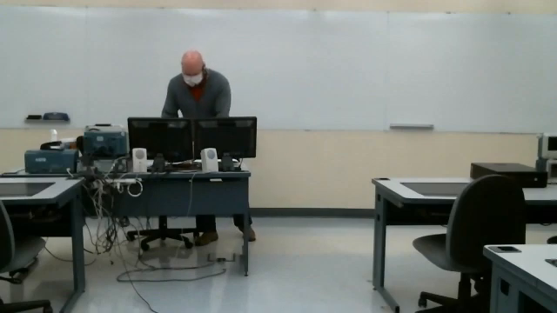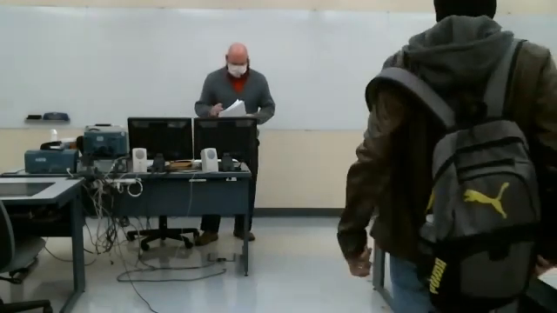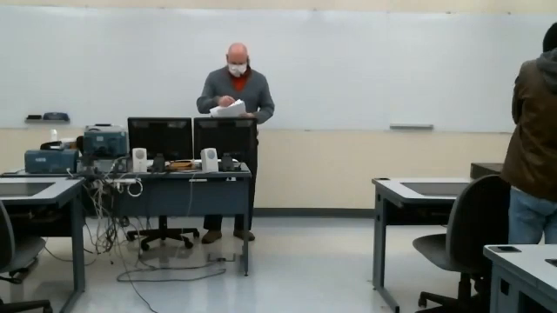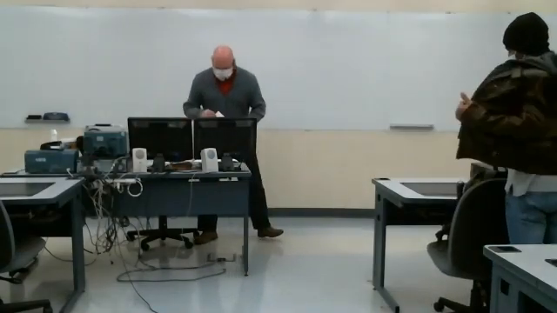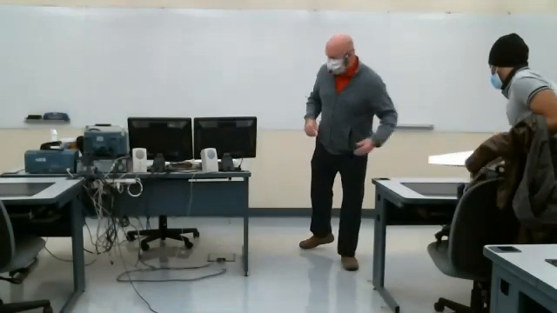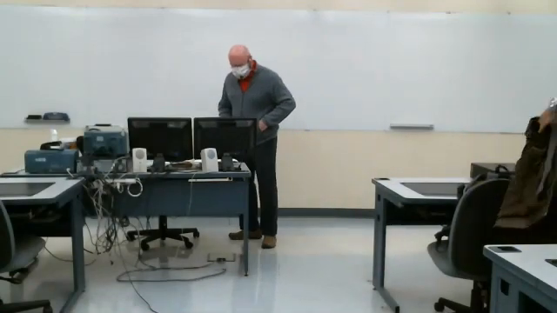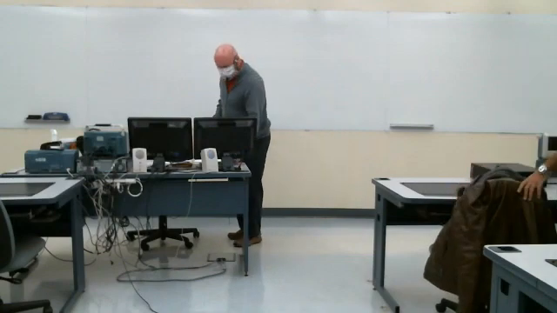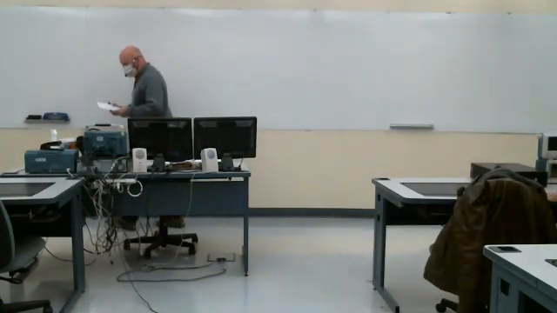Today we'll continue our discussion of Ampere's law, and we'll look at a couple of classic cases for current flowing in a conductor and what the corresponding magnetic field is. The first case is a straight coil.